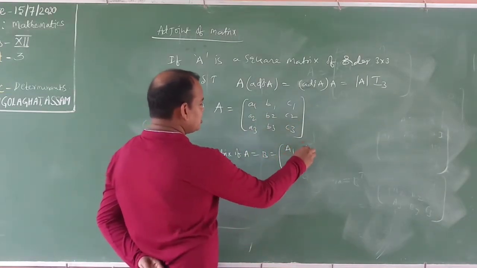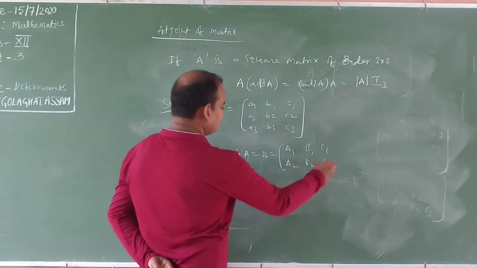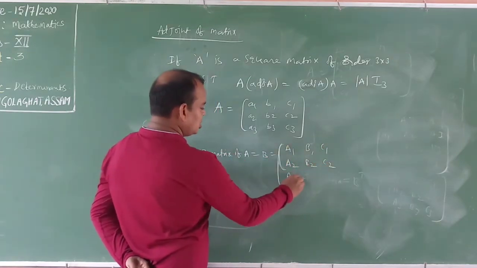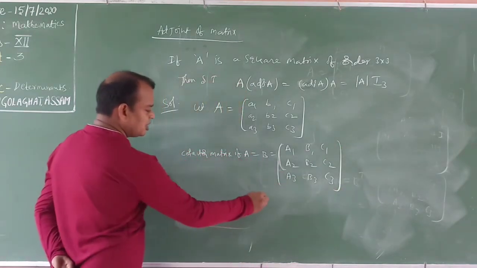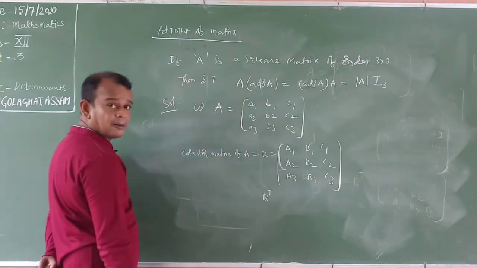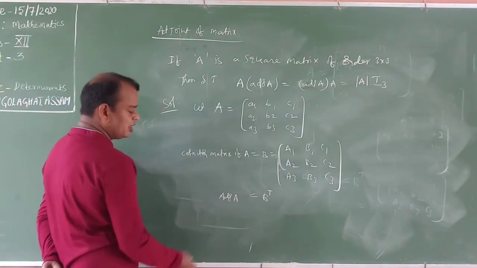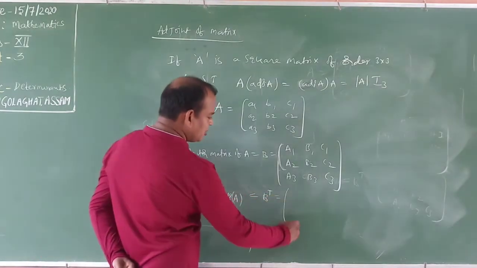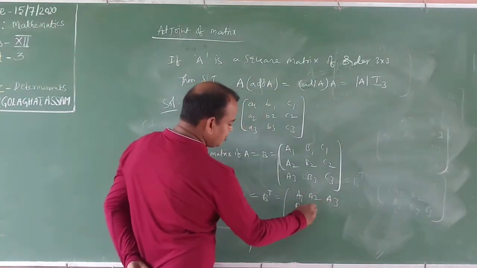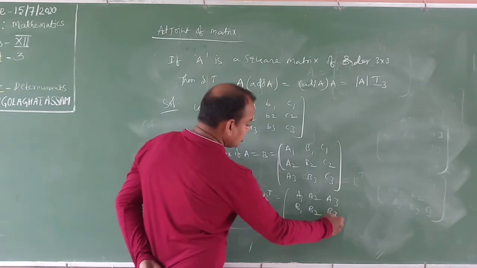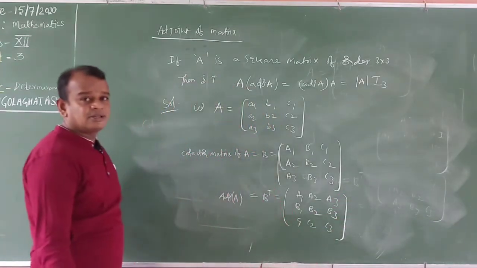Now the cofactor matrix is A1, B1, C1, A2, B2, C2, A3, B3, C3. Now the transpose of this one, 100%, is called the transpose of the matrix, nothing but the adjoint of A, which equals A1, A2, A3, B1, B2, B3, C1, C2, C3. This is adjoint of A.